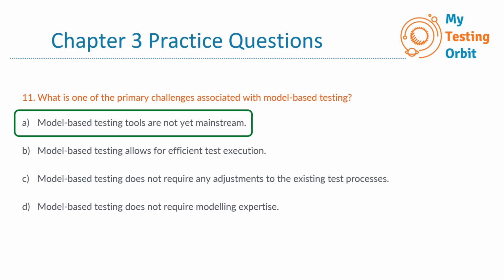Option C, model-based testing does not require any adjustments to the existing test processes. This option is also incorrect because model-based testing often requires adjustments to existing test processes. And option D, model-based testing does not require modeling expertise. This is incorrect because model-based testing typically requires modeling expertise to create effective test models.